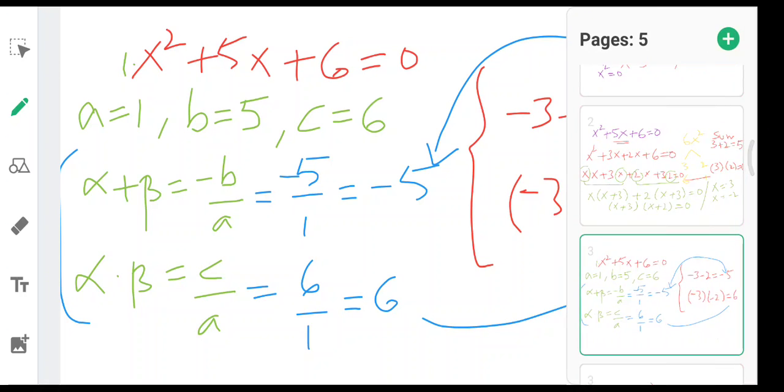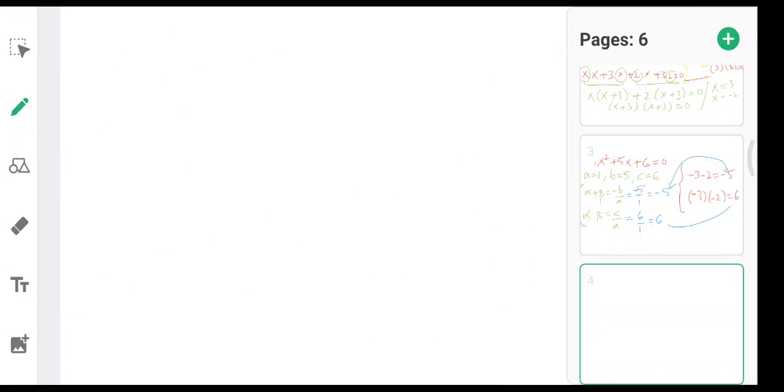Let's take one more example. If you have a polynomial, say x square plus 2x plus 3, I'll take 3 here.